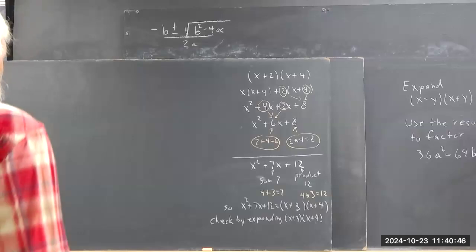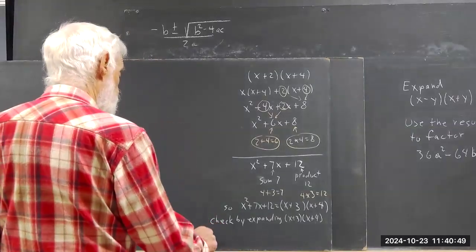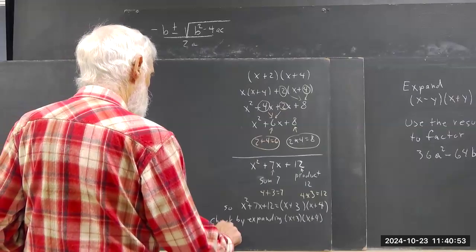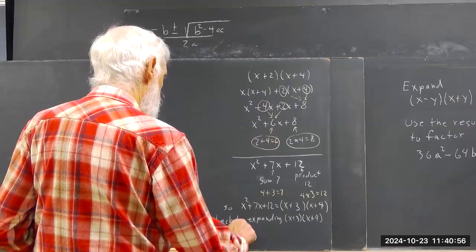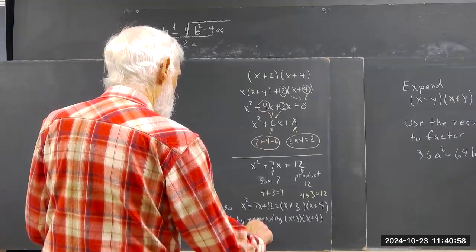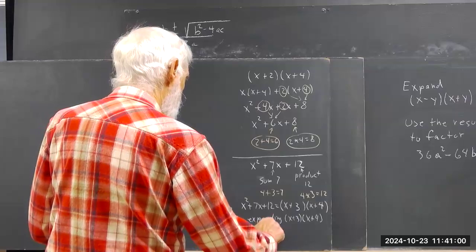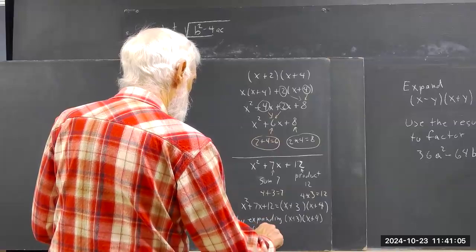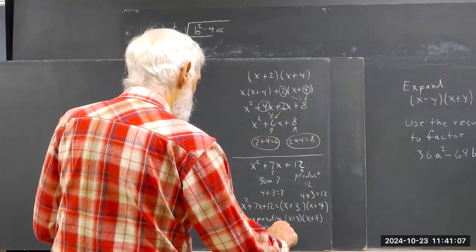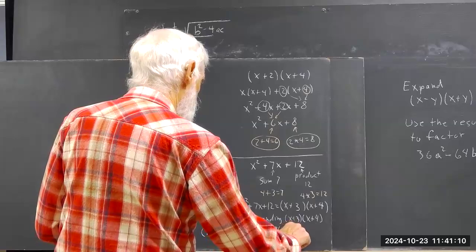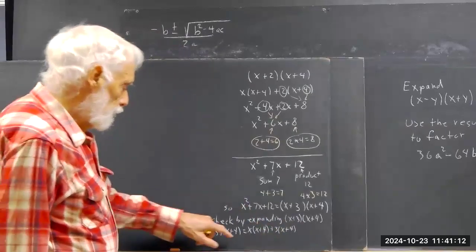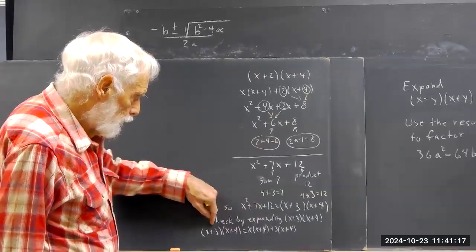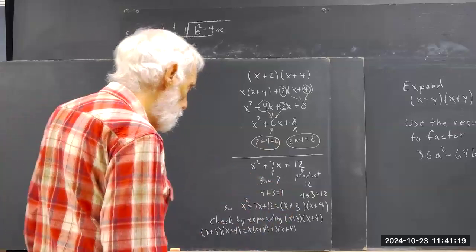Well, there isn't a lot of room here. I'm going to have to write it kind of small, but everybody got it. X plus 3 times x plus 4 is x times x plus 4 added to 3 times x plus 4.